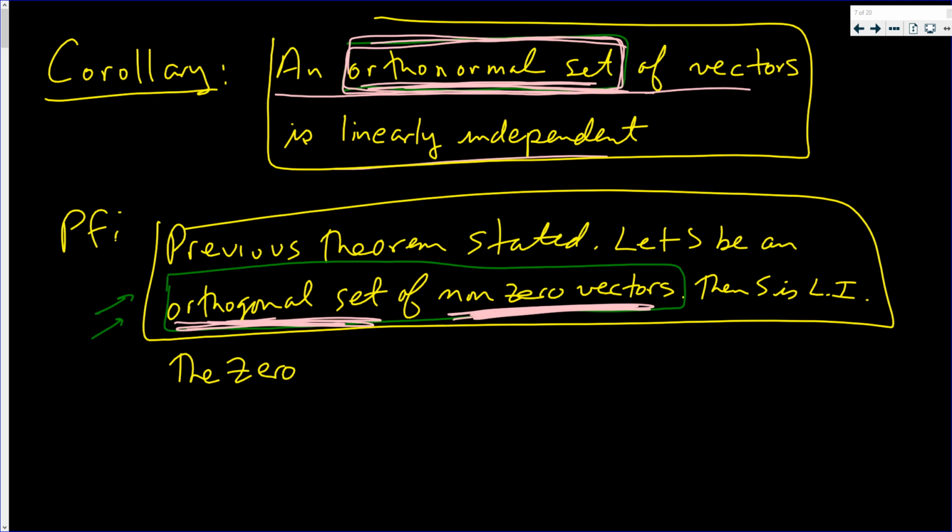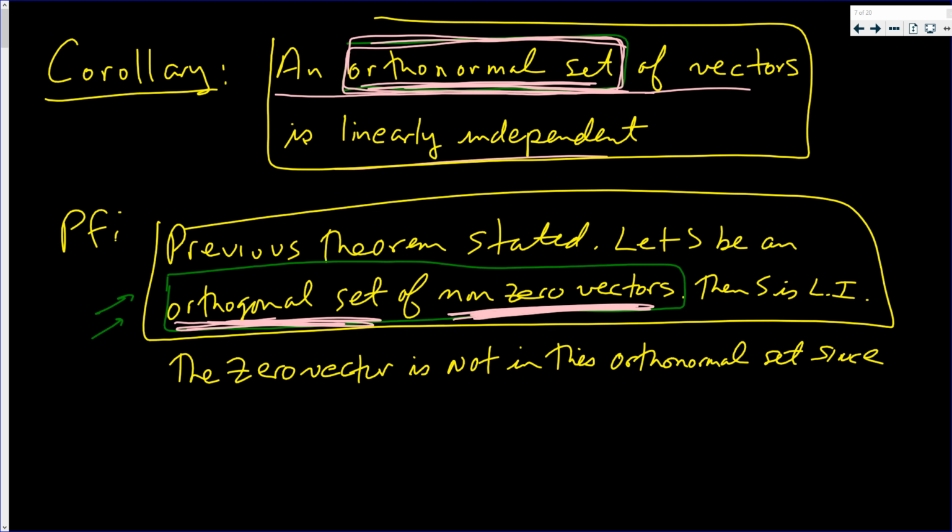The 0 vector is not in this orthonormal set, since the length of the 0 vector is 0, which is not 1.